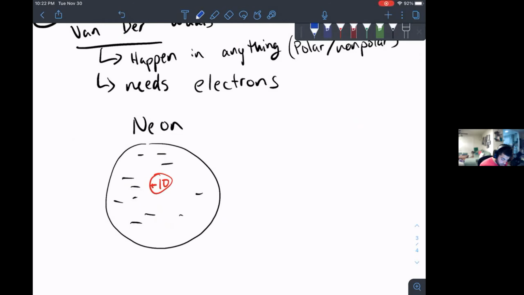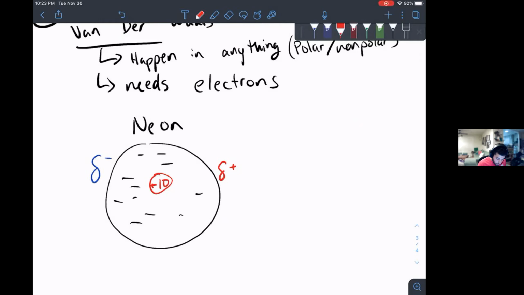So we can see that most of our electrons are ending up on the left side of the atom. And when this happens, the atom itself actually gets a small dipole moment where part of the atom is slightly positive and part of the atom is slightly negative because we have more electrons on the negative side and fewer electrons on the positive side.